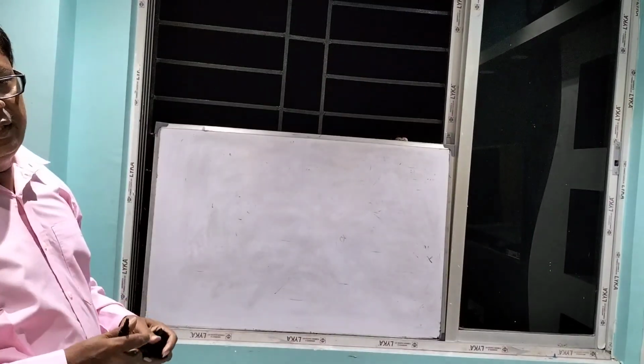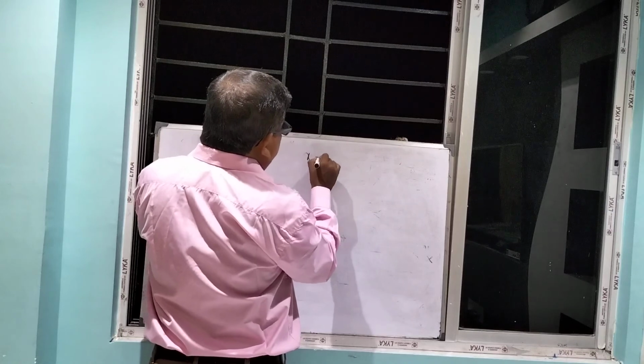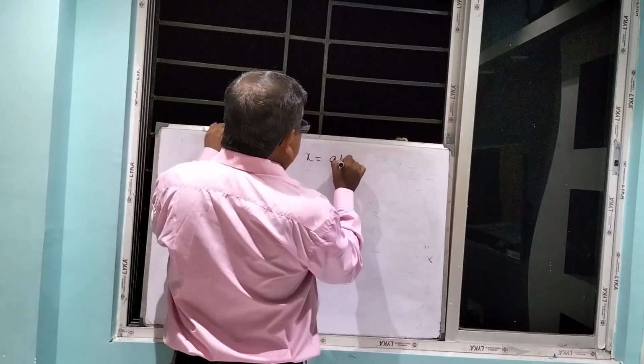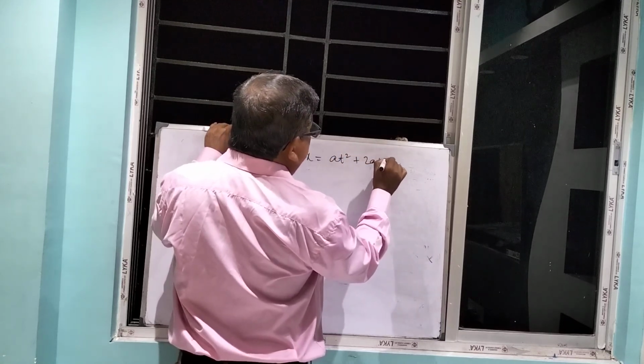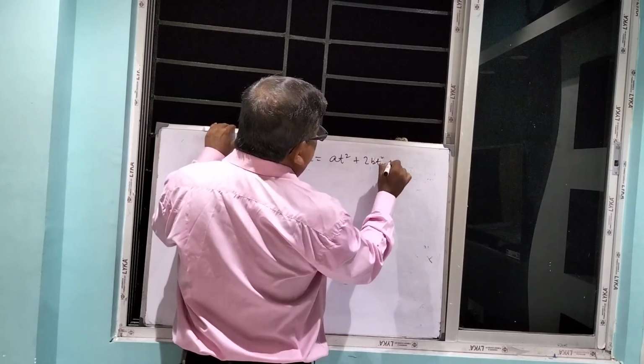Now in velocity, suppose the distance s or x, in the time t, is given as a t square plus 2 b t plus c.